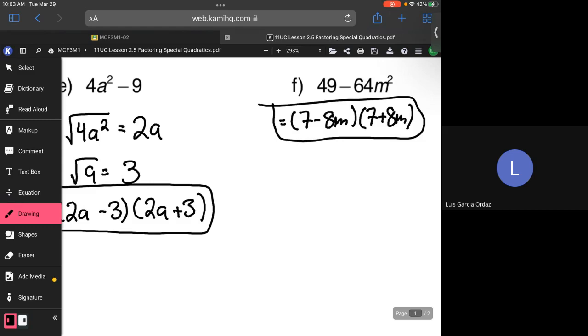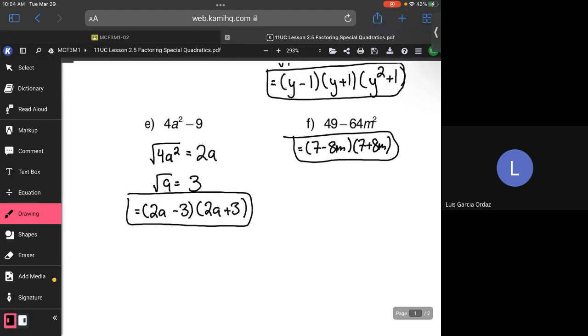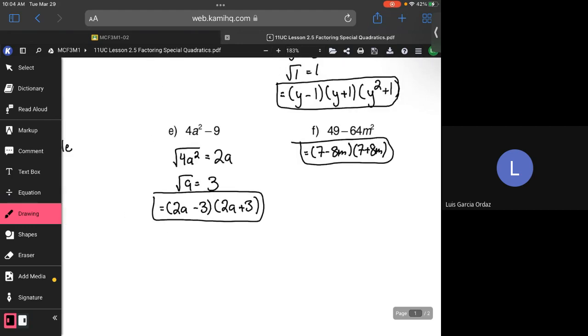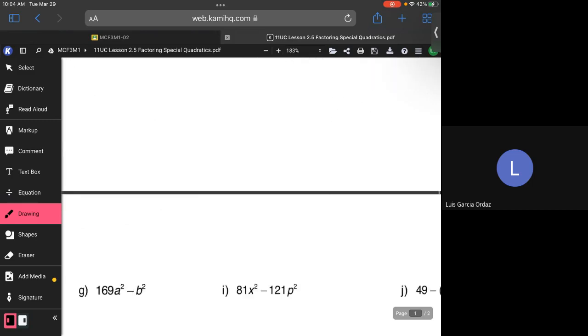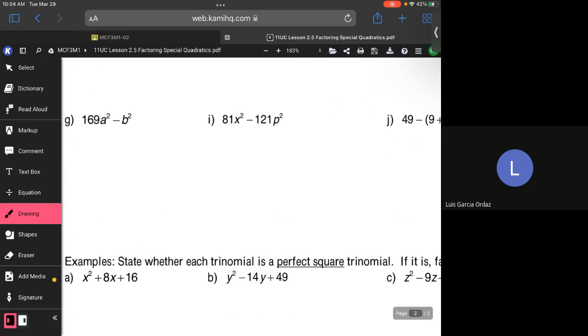So you guys are probably finding this much easier than the other factoring stuff. Any questions about difference of squares? No? Pretty easy. We'll do two more.